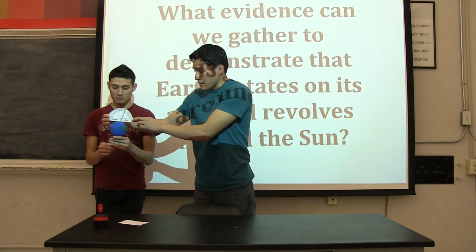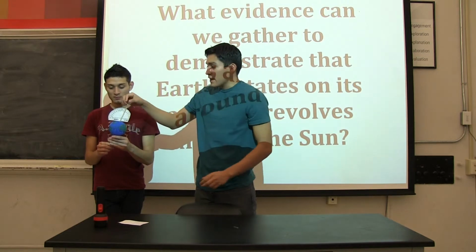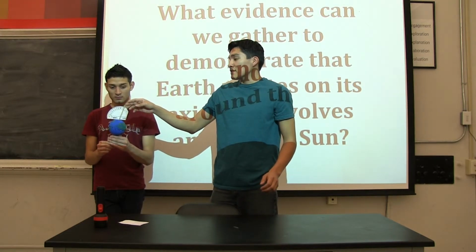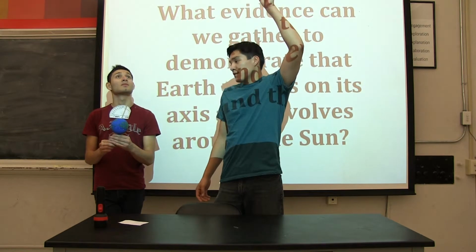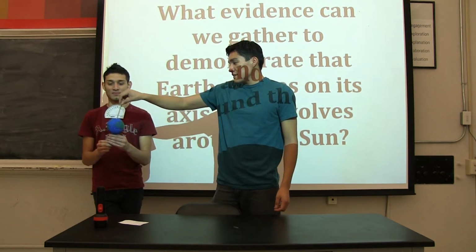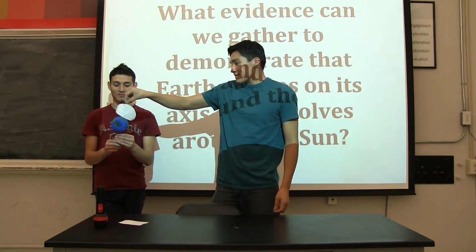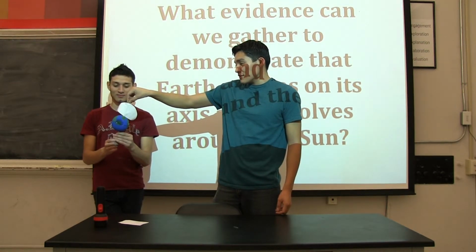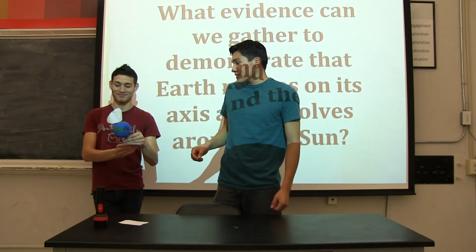And this protractor is kept parallel to the ground, and the axis is pointing towards the North Star in the classroom. So now if he spins it counterclockwise, that's a more accurate representation of how the Earth spins on its axis.